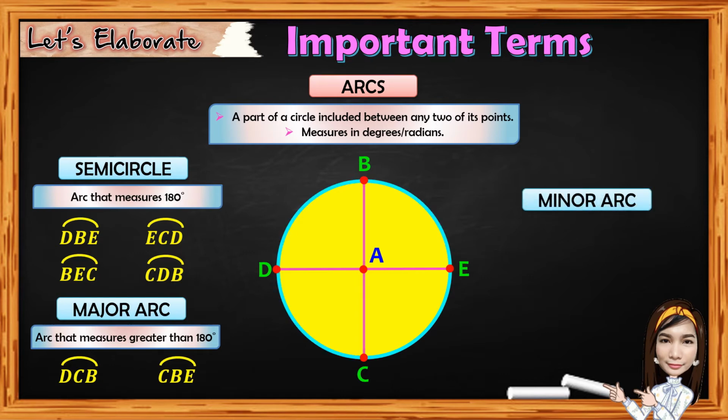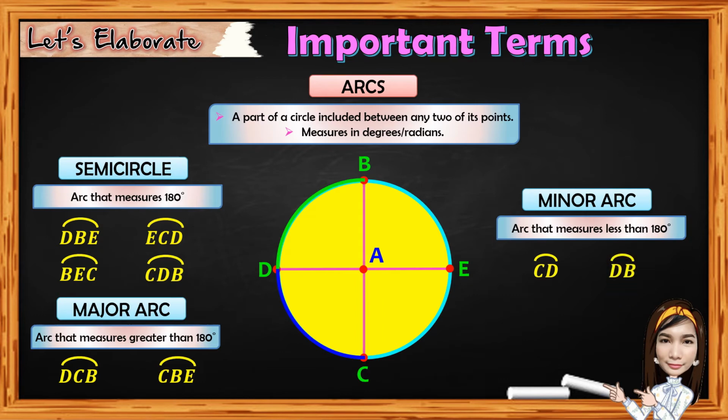And for the last, we have the minor arc. These are the arcs that measure less than 180 degrees. So the examples are arc CD, arc DB, arc BE, arc CE, or arc EC.